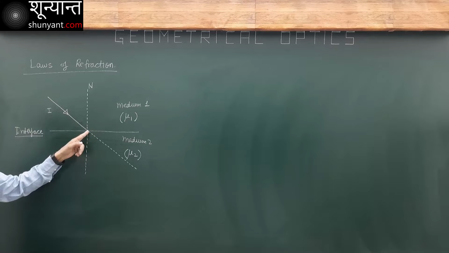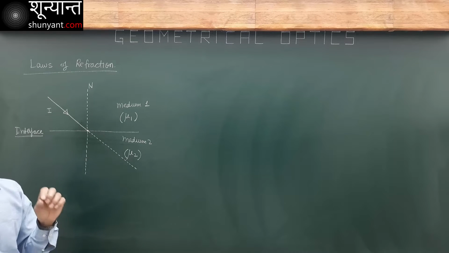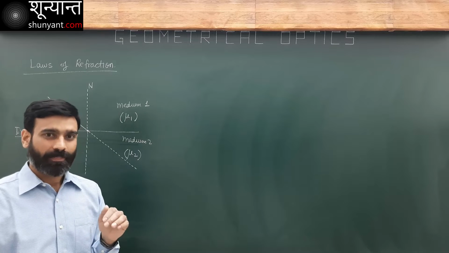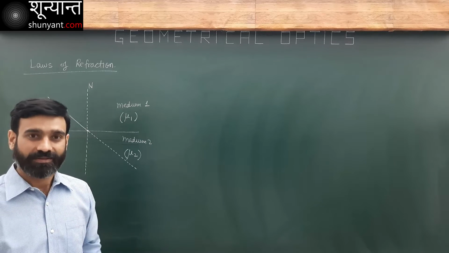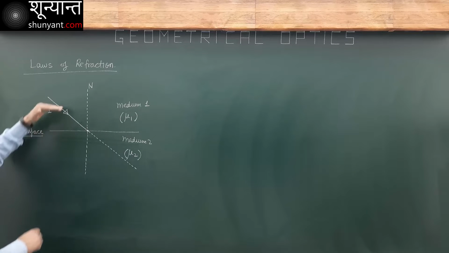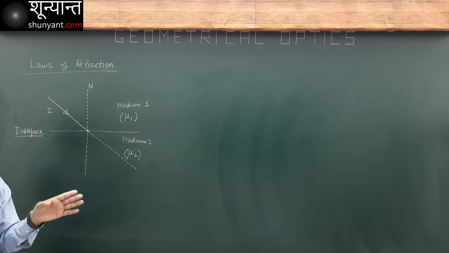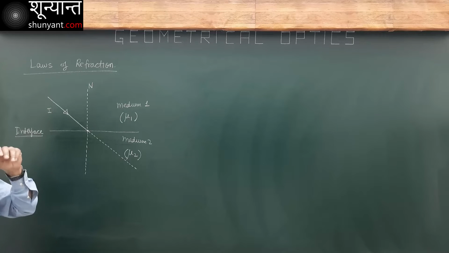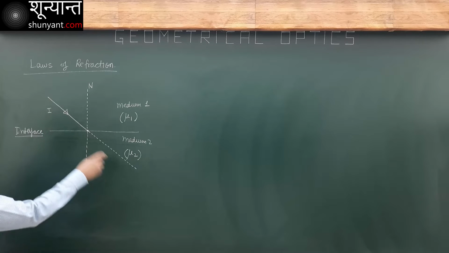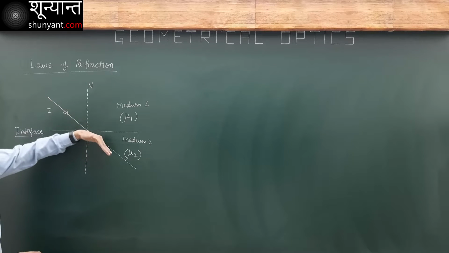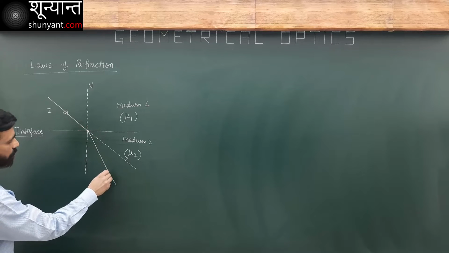At the interface, it will enter into the second medium. And when the medium changes, generally the path changes. So the light is going to deviate from this path. In one special case, it does not change. We will look at that case. But let's assume that generally it changes. So it will deviate from its original path. Let's say that it starts going in this direction.